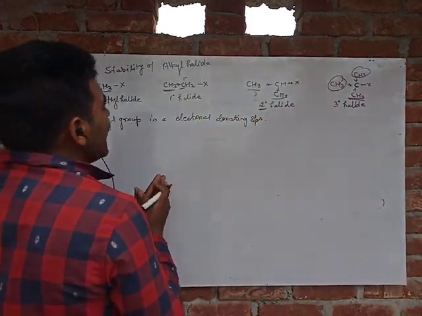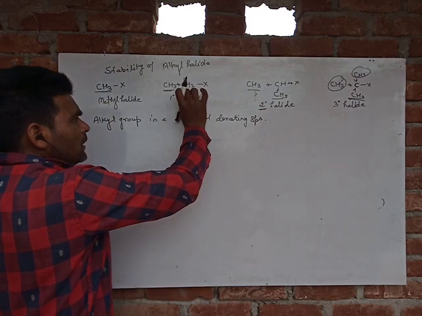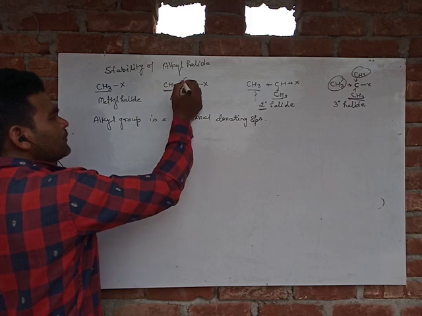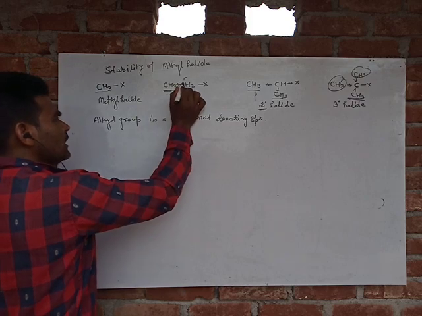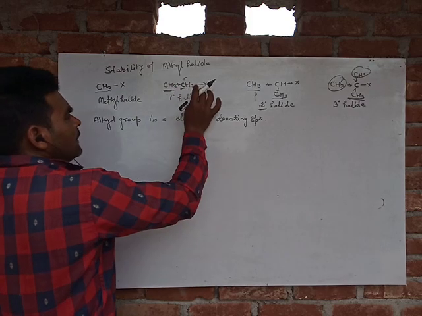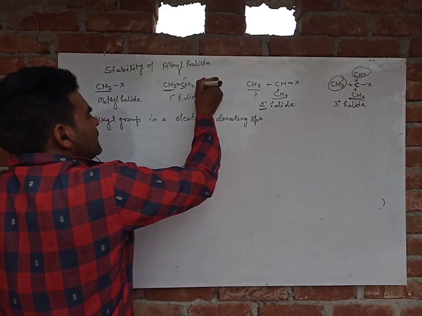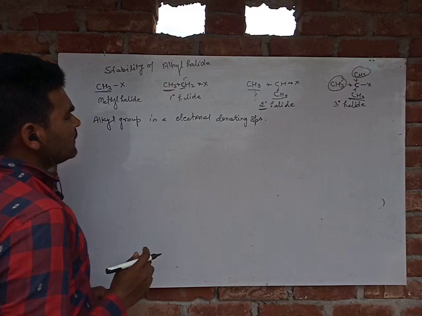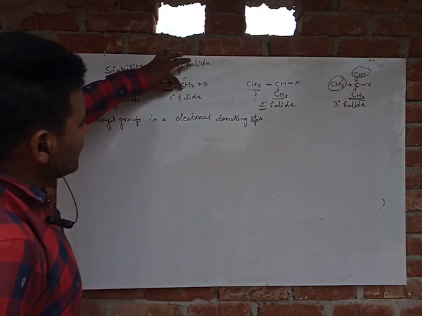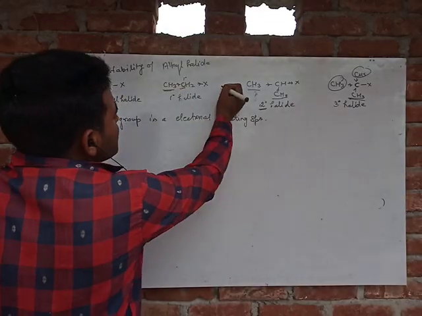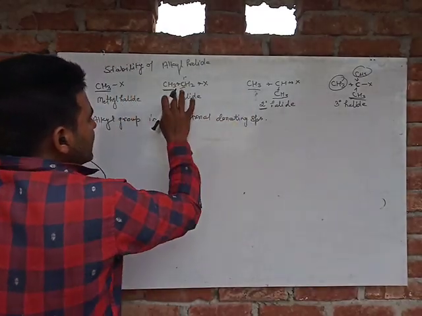So the higher the electron density of the carbon atom bonded to the halogen, the higher the repulsion between the carbon and halogen. Means if this carbon has more electrons, then it repels the halogen more strongly.